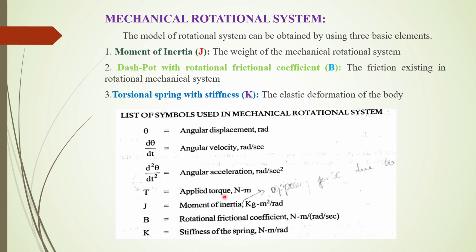T is the applied torque, J is the moment of inertia, B is the rotational frictional coefficient, K is the stiffness of the spring.